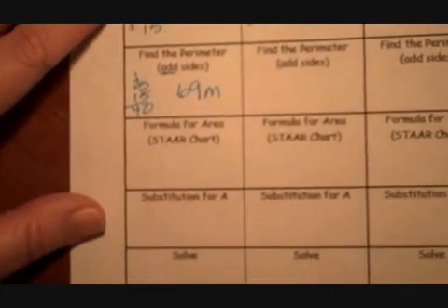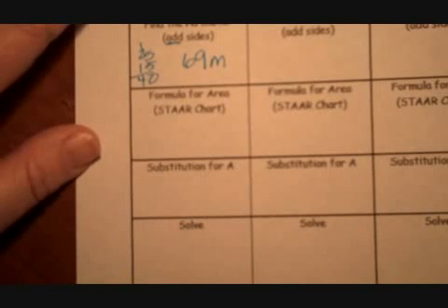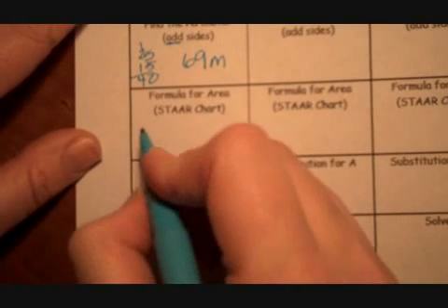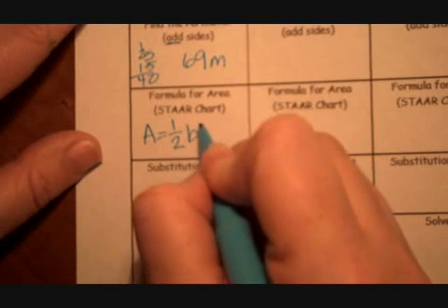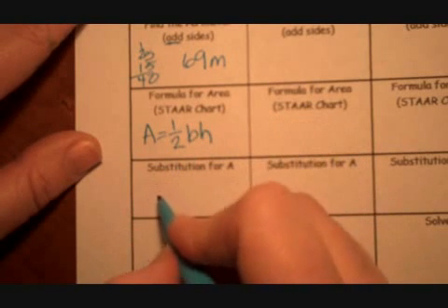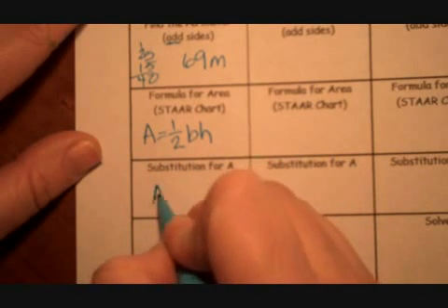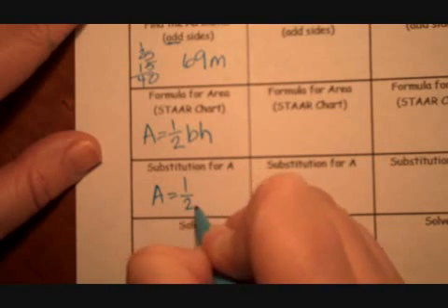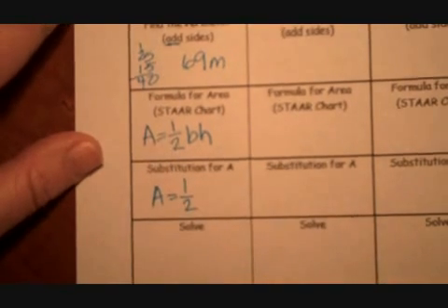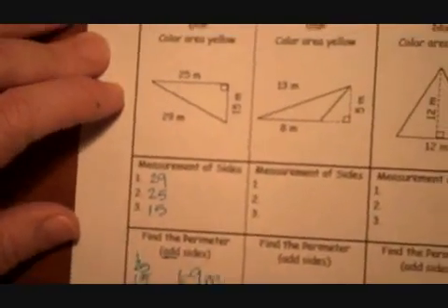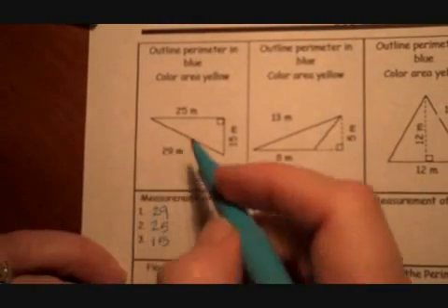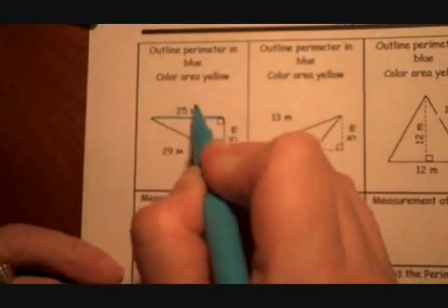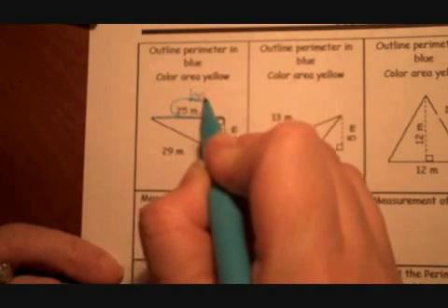Now we need to write our formula from our star chart for the triangle. A equals 1/2 of the base times height. Now we substitute for A. We have A, we already have 1/2, and I'm going to have to pan back up to look at our triangle. This right here is our base.